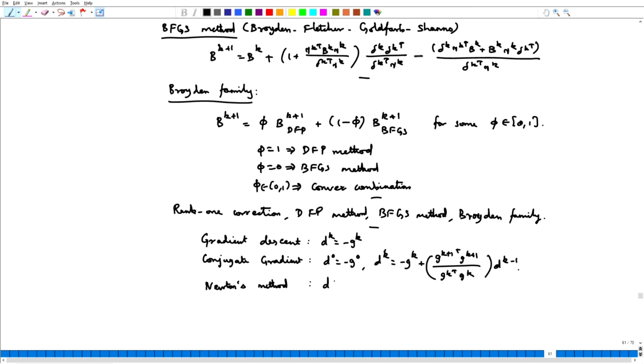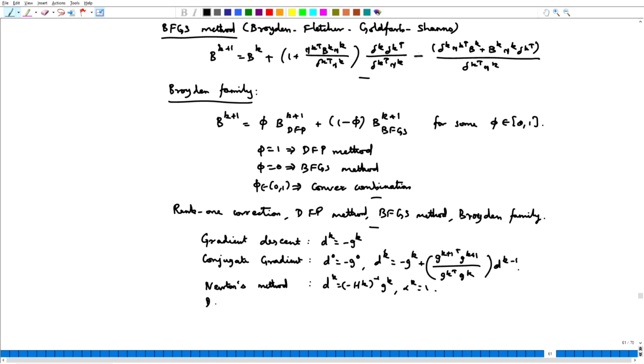where you had dk equal to minus hk inverse gk, and in general you had alpha k equal to 1, but for damped Newton's method alpha k is chosen by the backtracking line search.